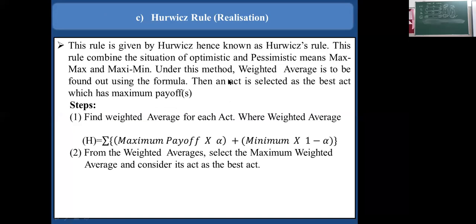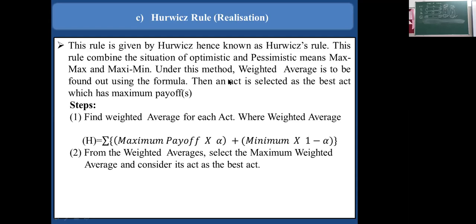Same thing as when we use the maximin rule. The maximin criterion can be applied when we have some pessimism, when some worst situation is going on in the market. Now, Harvey's rule is a combination of maximin and maximax criteria.